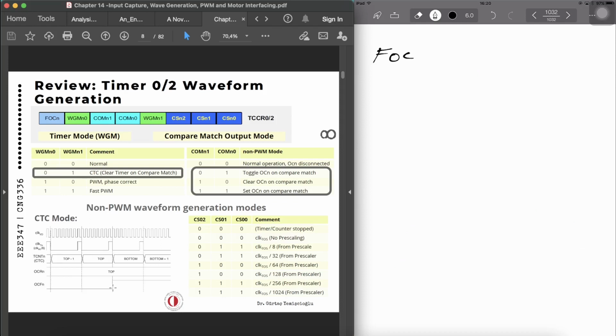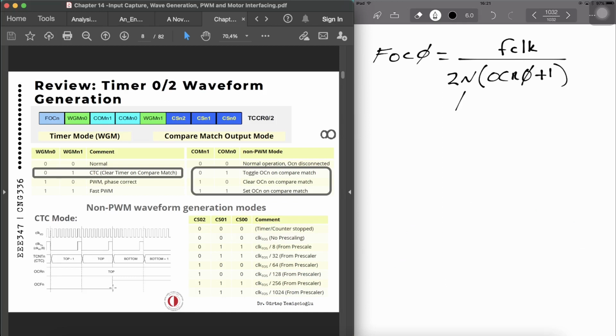One thing is the FOC0 that we need to calculate based on the frequency of the clock divided by the prescaling factor. N is the prescaling factor, and OCR0 plus 1.